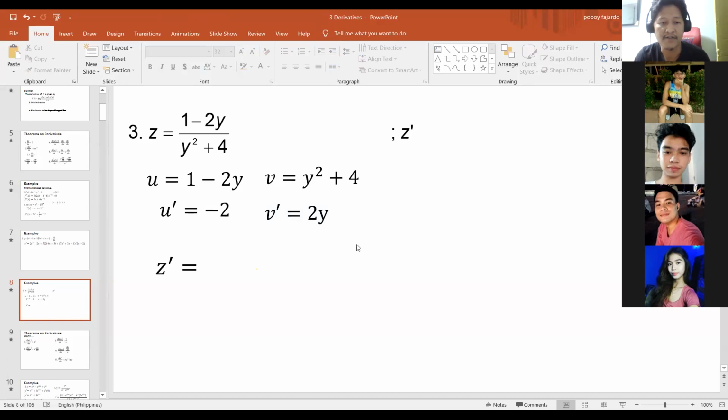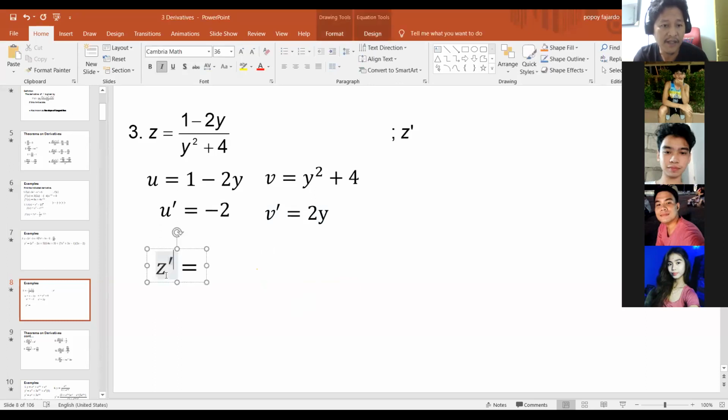Okay, so kinuha pa lang natin ang derivative ng bawat part ng ating quotient. We first get the derivative of the dividend, and then the derivative of the divisor or the denominator in this case.